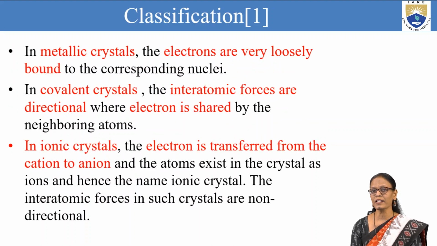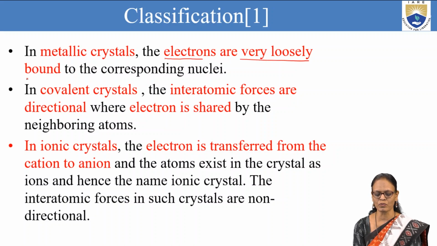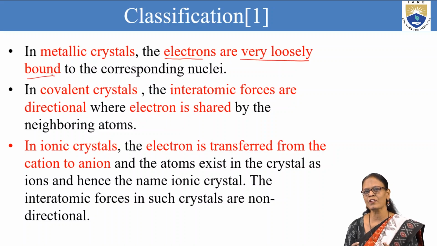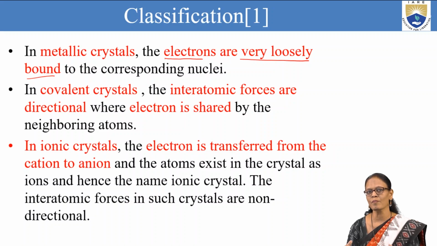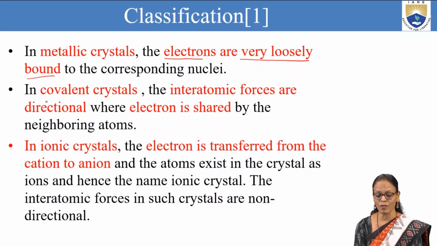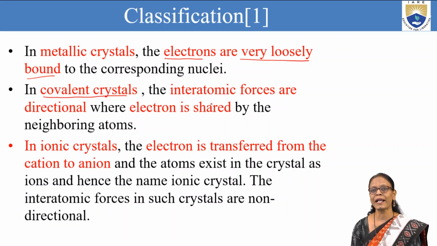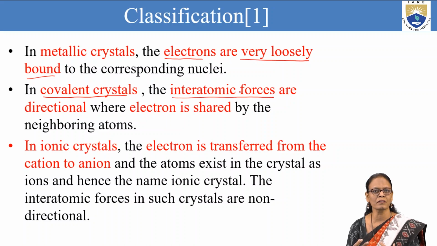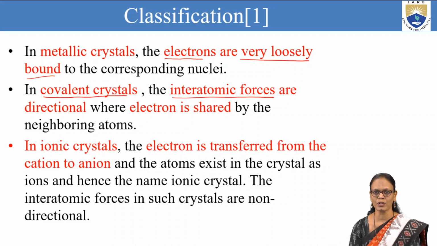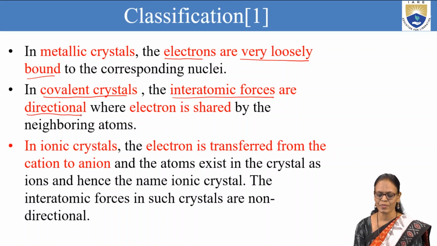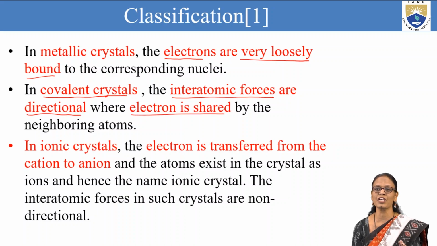Now, in metallic crystals, the electrons are very loosely bound to the nucleus. So, whenever we see a metal, the electrons that are revolving round the nucleus are very loosely bound to the nucleus. But in covalent crystals, the interatomic forces, meaning the forces between the atoms in the neighborhood, are directional, and the electrons are shared.